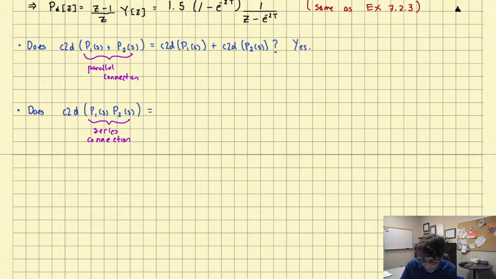And then the question is, does this equal the series connection of the discretizations? Okay, and the answer is no, and there's an example in the notes illustrating this. So the answer is no. I guess it's an exercise, but see exercise 7.5 in the notes.